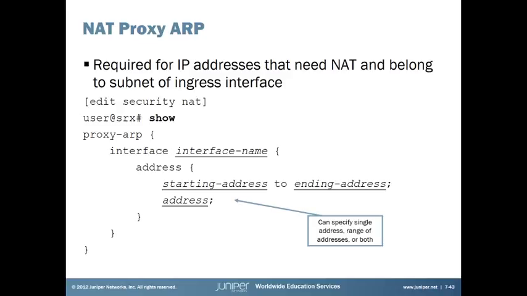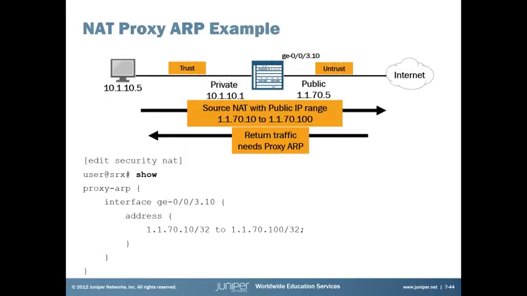The problem there is, how does the router at the other end send a layer 2 packet or a layer 2 frame to our interface? That can be a problem. Not always a problem, but it can be. And the solution is to use proxy ARP, where we have an interface name, a starting address, and an ending address, or a single address.